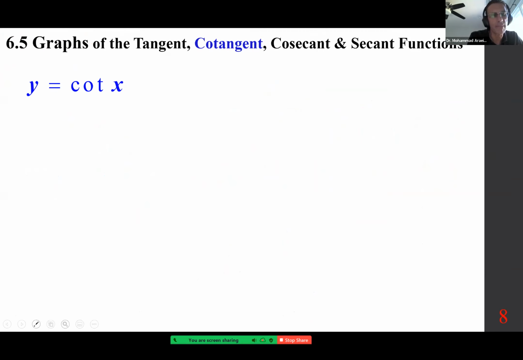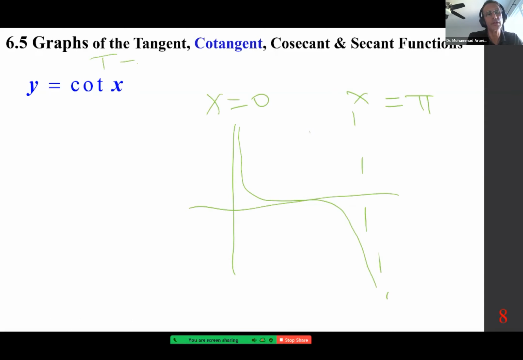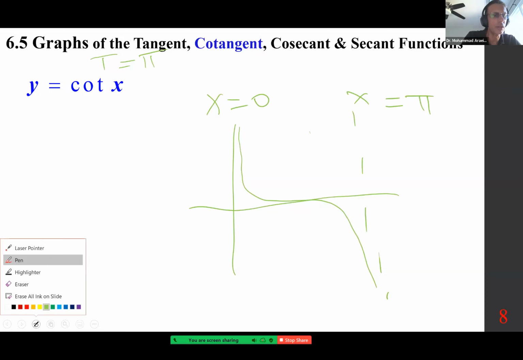So if we were to graph this, this is x equals 0, this is x equals pi, and remember the T is still pi because it's the cotangent, right? And cotangent is cosine over sine, and we're going to discuss that in a moment. But the bottom line is, it looks almost like y equals negative x cubed, and it does have basic VAs, vertical asymptotes as such.